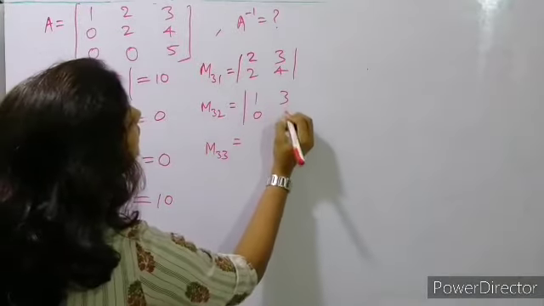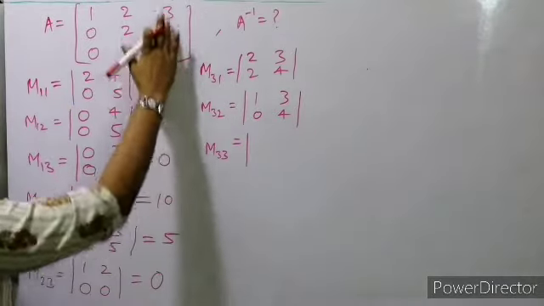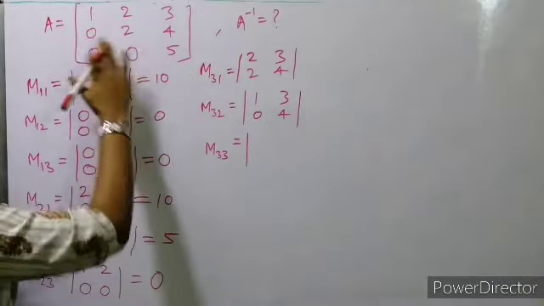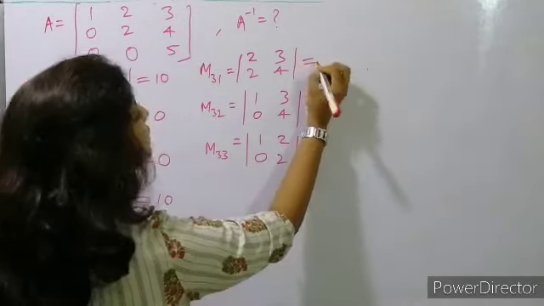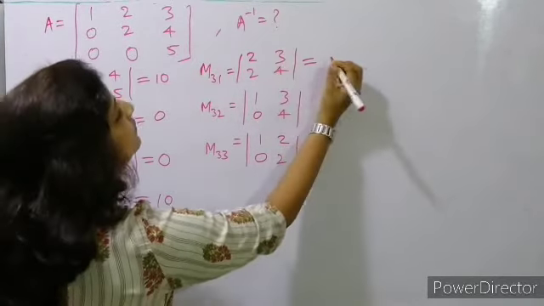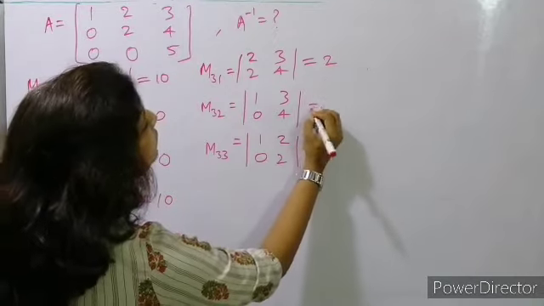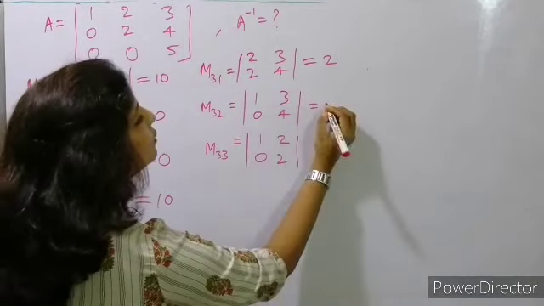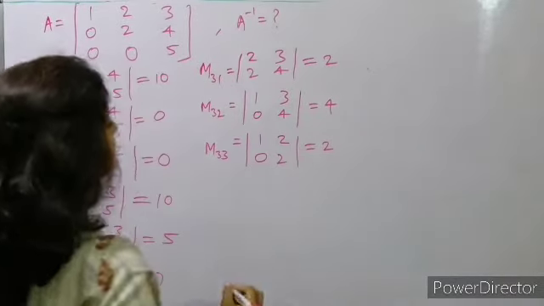Now third row, third column, when we hide, we get 1, 2, 0, 2. So what values do we get? 4 into 2, 8, minus 6, so 8 minus 6 is 2. 4 minus 0, so 4. Now 2 minus 0, 2.